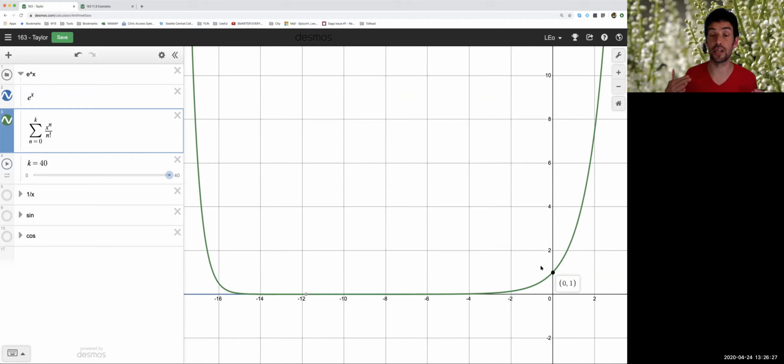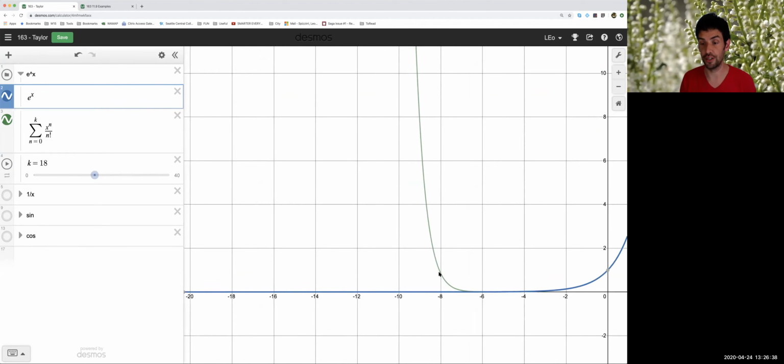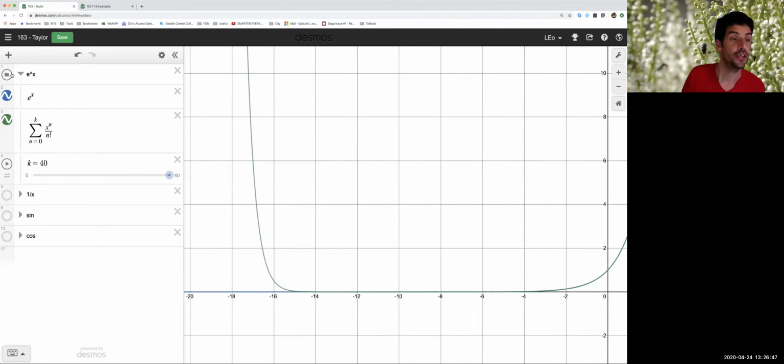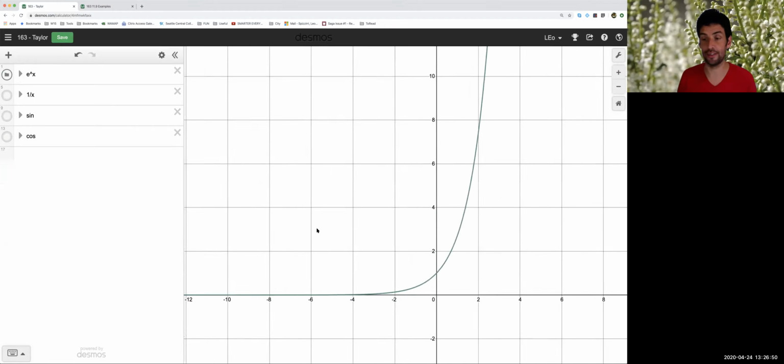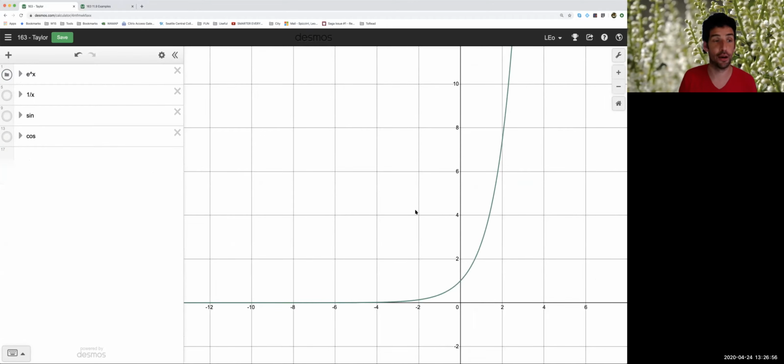And as we add terms, we're getting closer and closer to the real values everywhere, which we can see more explicitly out at the ends where it doesn't match very well in the beginning, right? If I look at x equals 8, my function's down here, my series approximation is up here, but as soon as I add a few terms, that approximation becomes much closer. So again, we haven't proved that this series actually is equal to this function, but I'm certainly starting to feel like it does based on how it looks here, okay?